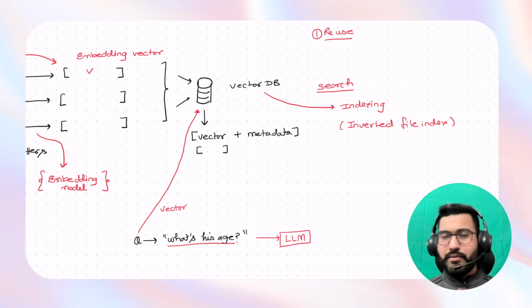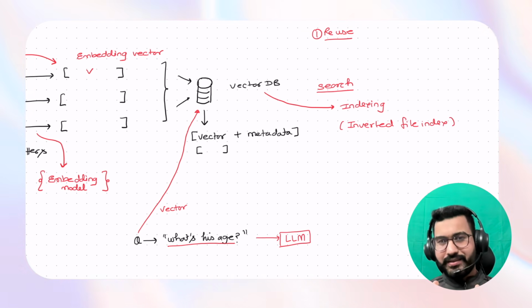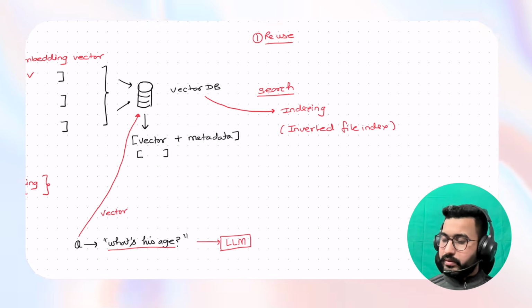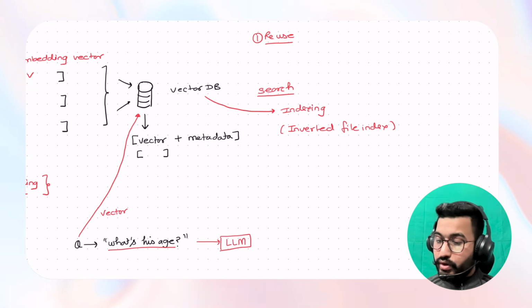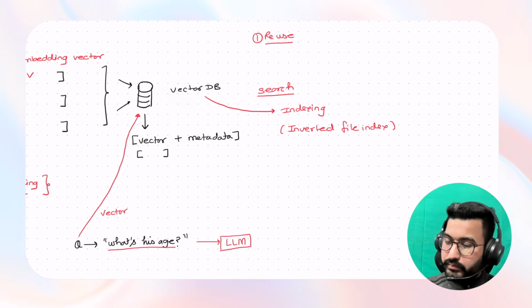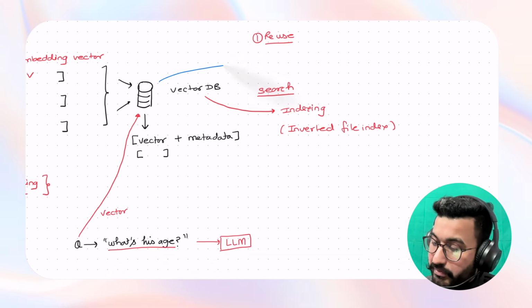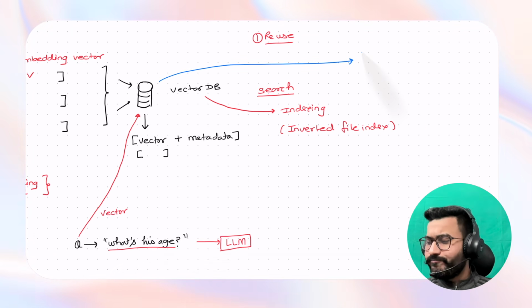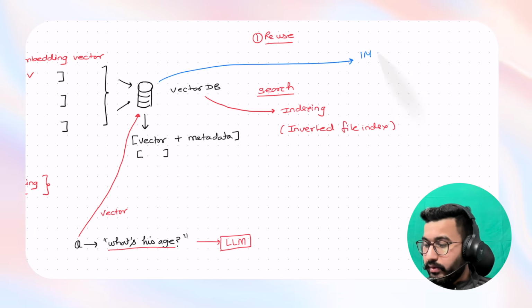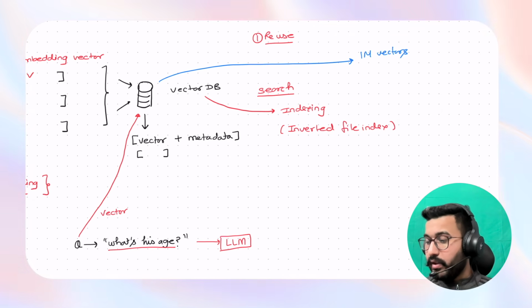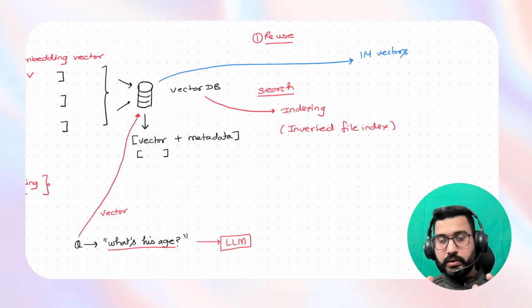Now this indexing works on the concept of clustering. So let's say your database has around 1 million vectors. Now 1 million vectors is a huge number, right?